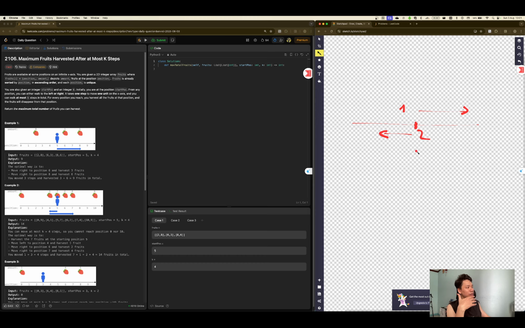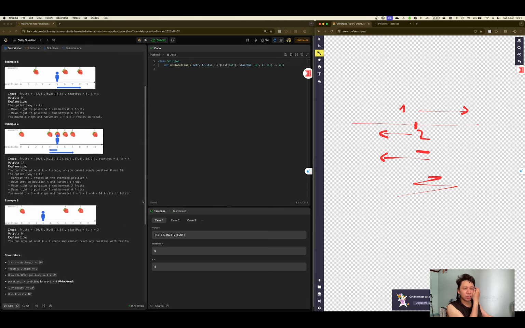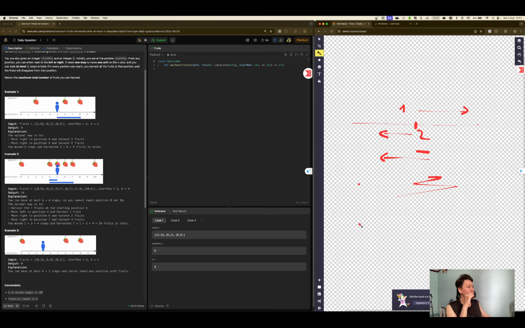The third case is you can move to the left a little bit to gain some fruits, then go back, and that's more optimal than going like this and this and this and this. It's not optimal because the positions are distinct, and that means we try to expand our range as much as possible. In this case, the range is smaller than if you go this way and go there, right? That's right.